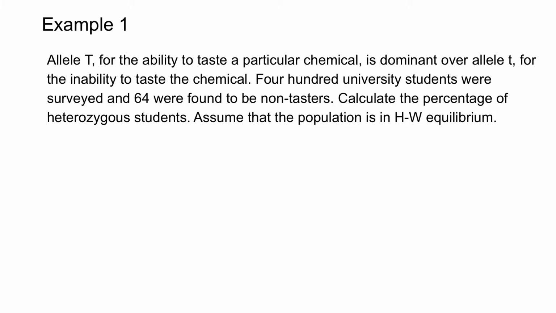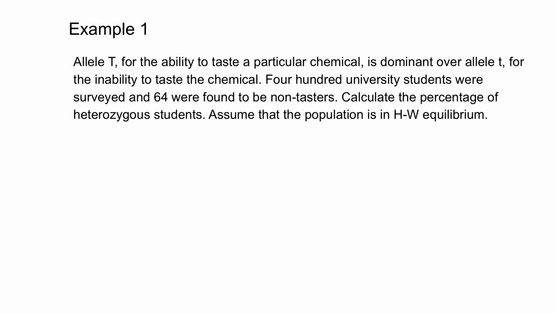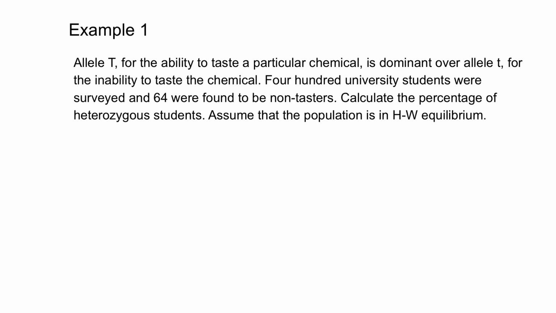So let's go ahead and look at this first problem. Make it a little bit smaller. It says allele T for the ability to taste a particular chemical is dominant over allele little t for the inability to taste the chemical. So little t is for non-tasters, right?